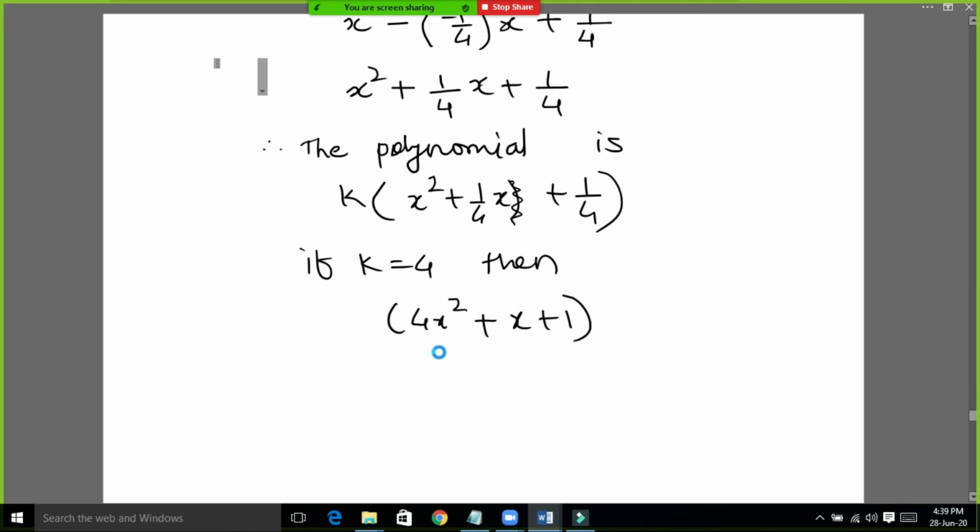So this is the required polynomial when we take the constant k equal to 4.